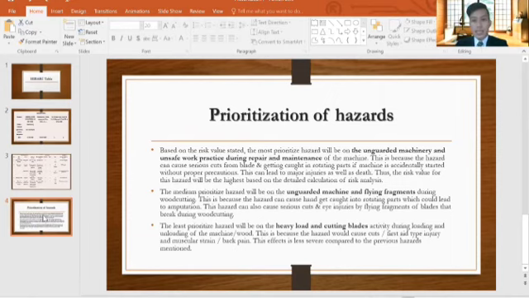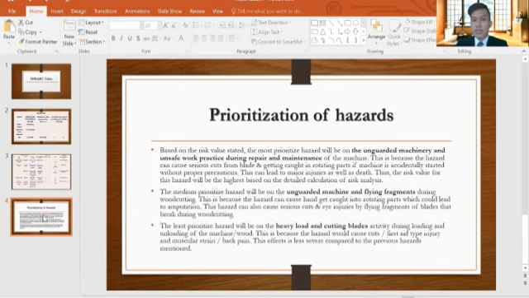This is because the hazard can cause serious cuts from blades and getting caught in rotating parts if the machine is accidentally started without proper precautions. This can lead to major injuries as well as death. Thus, the risk value for this hazard is the highest based on the detailed calculation from the risk analysis.